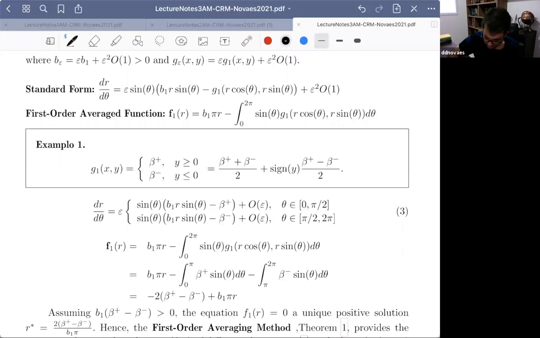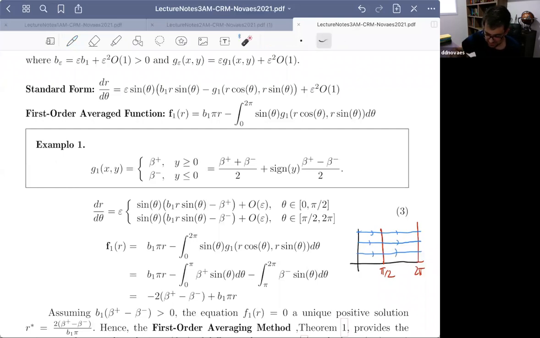Okay, so if we draw, this is the discontinuity set. So we have pi divided by 2 and 2 pi. And for this discontinuity manifold, the orbits of the unperturbed system always intersect the discontinuity manifold transversally.